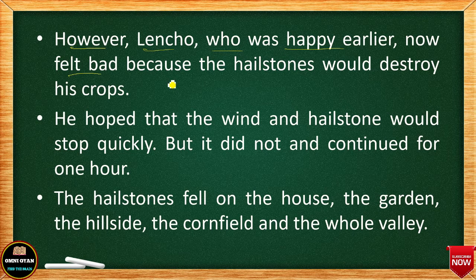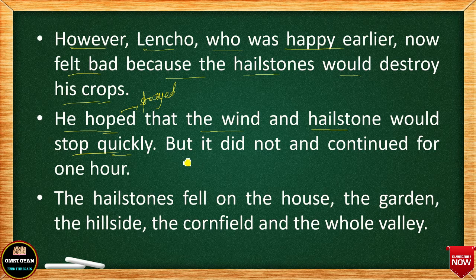He felt sad because the hailstones would destroy his crops. तो Lencho को लगा कि ये hailstones, बड़े बड़े ice pieces गिरने लगे from the sky, that would destroy his crop. And he also hoped, he prayed. Hoped here means he actually prayed that the wind and the hailstone would stop quickly. तो वो pray करने लगा that oh God, let the wind and the hailstone stop quickly.